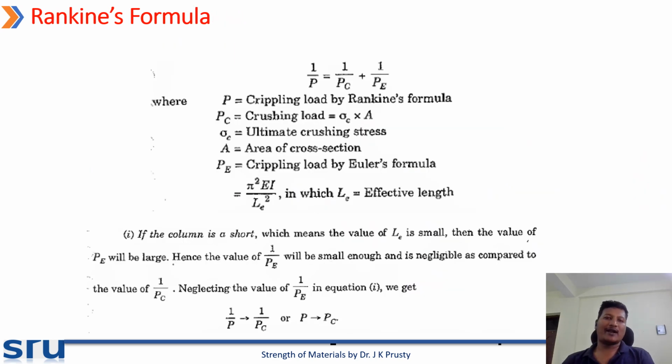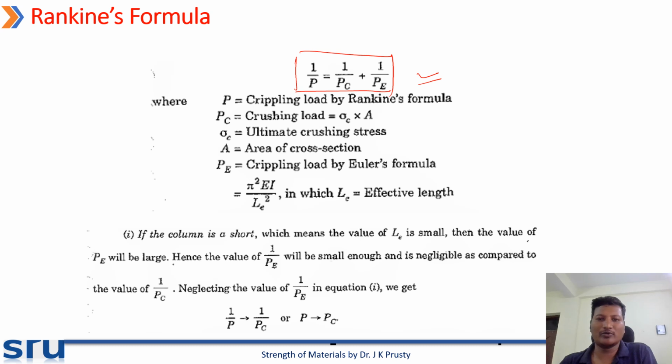Okay, so to address these limitations of Euler's crippling load formula, there is this mathematician Rankine who developed one equation: 1 by P is equal to 1 by PC plus 1 by PE. He said, why should we only consider the crippling load?